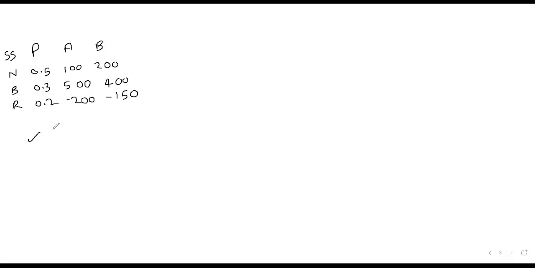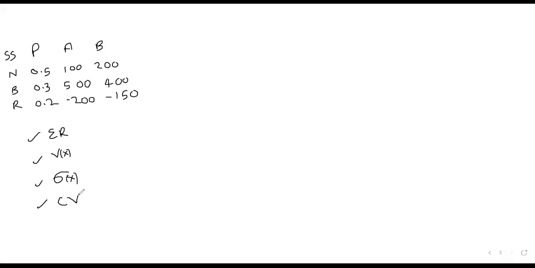So we want to calculate 4 things. Number 1, the expected returns for each. Number 2, the standard deviation for each. Number 3, the coefficient of variation. That's number 4.